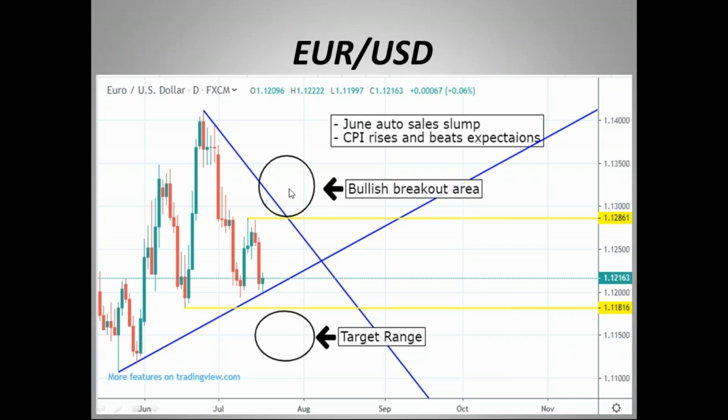Even though we have a bullish breakout area over here, where we have this downward sloping resistance, this would obviously be a bullish breakout, because it would be continuing the bullish trend, and it would mean that this corrective move lower is definitely confirmed to be over. So this pivot right here, this high at 1.1286, would be the key level to cross.